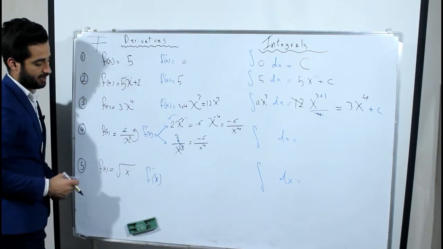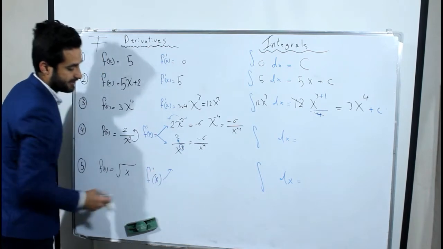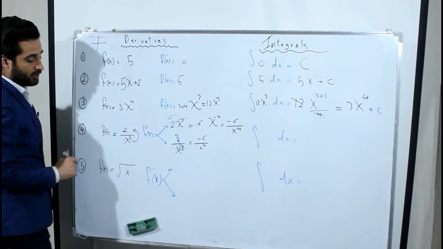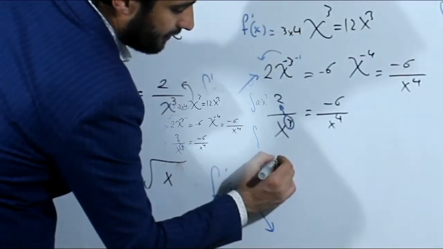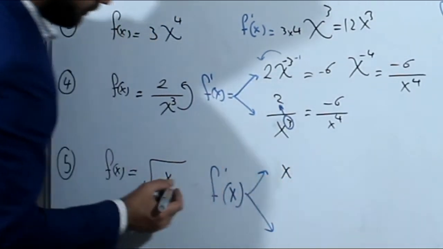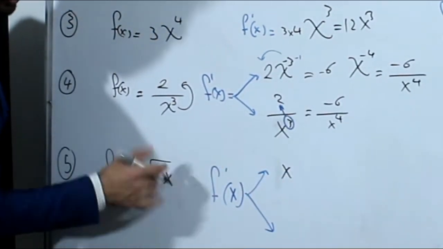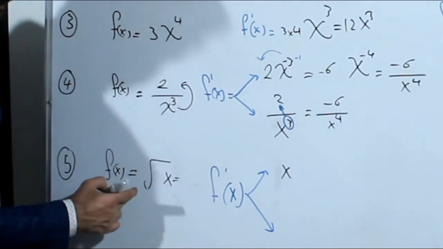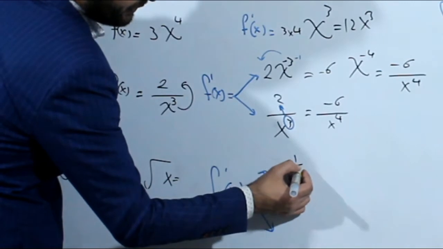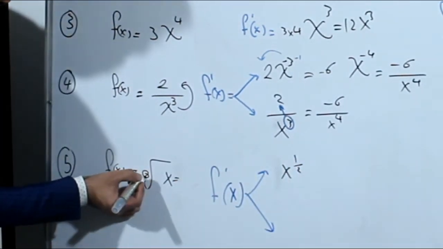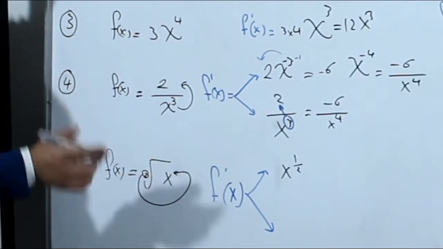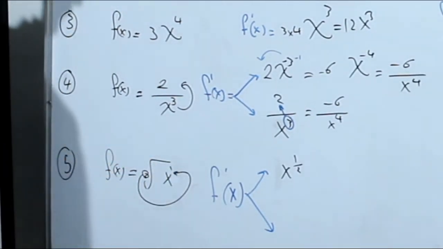Derivative of this is equal to, we can say, square root of x, can we say it's equal to x to the power of 1 over 2, because we have 2 here, and you can take it under the power of this. The power of this is 1.